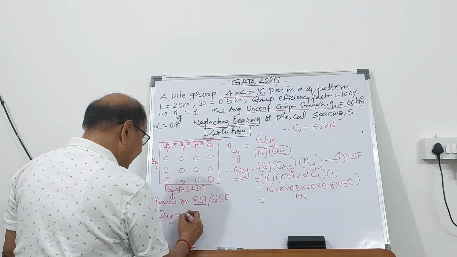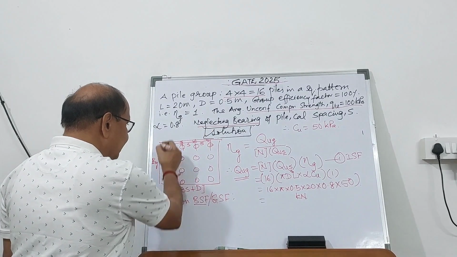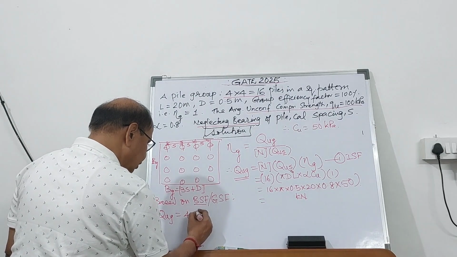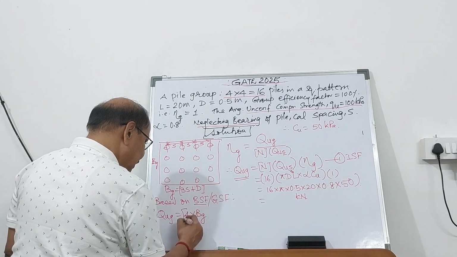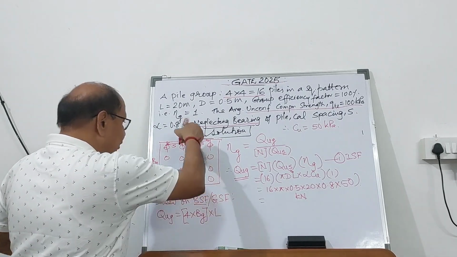So total perimeter becomes 4 times BG because it is in a square pattern. So perimeter is going to be 4 times BG multiplied by length of the pile.